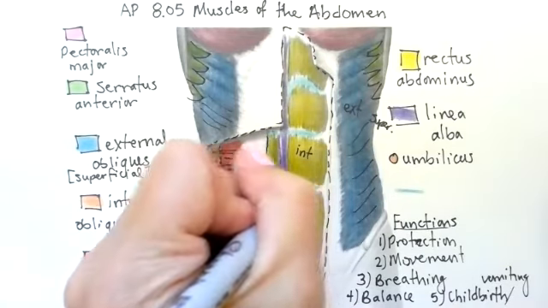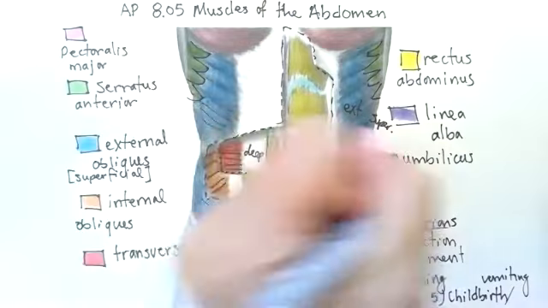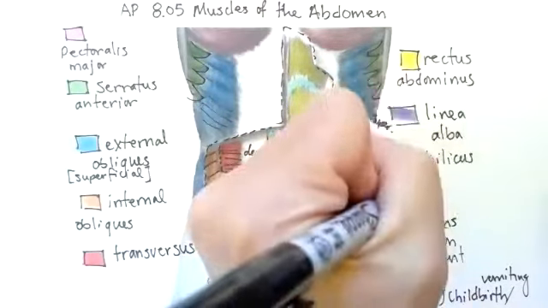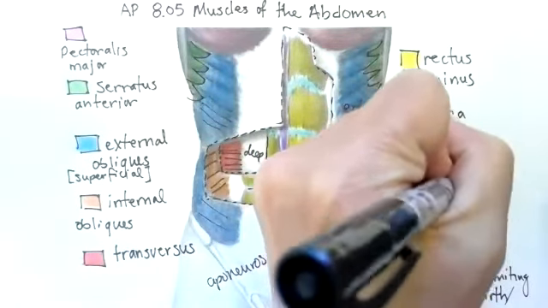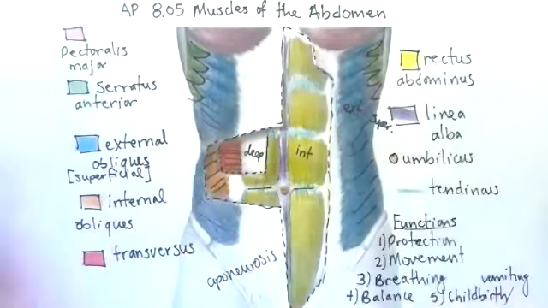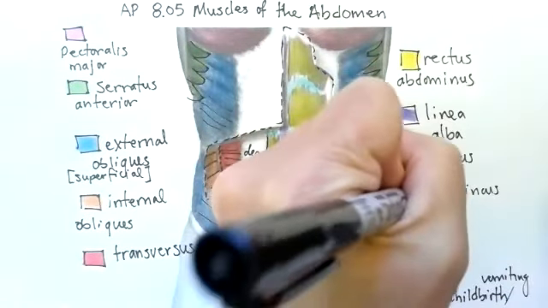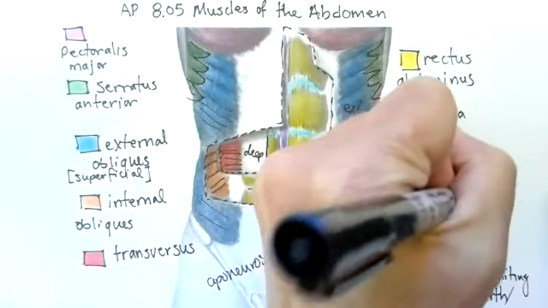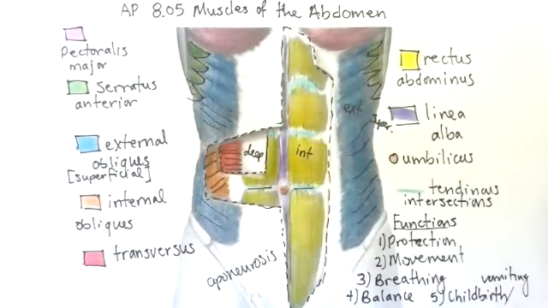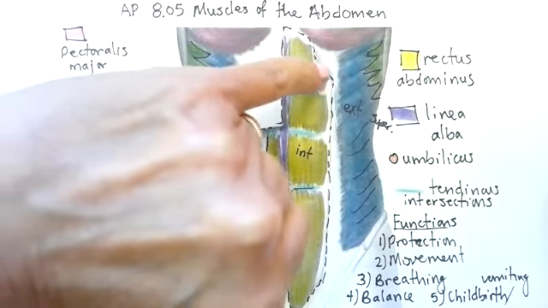The horizontal lines in green are called tendinous intersections. Tendinous intersections. They're not truly tendons, but they're tendon-like, and so they get that name. There is a name down the edge here.